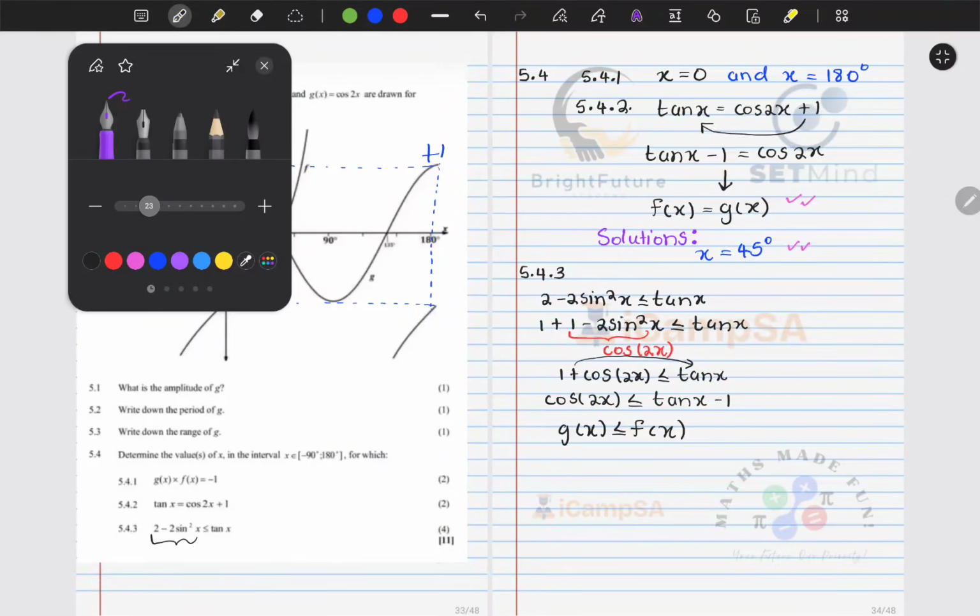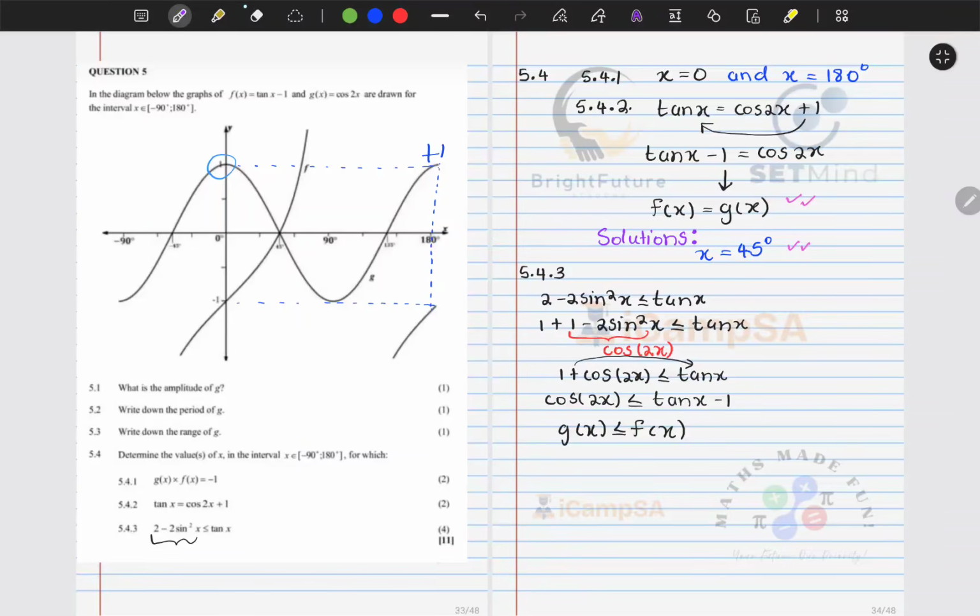Right, and if you look carefully where the tan graph is above the other one, you will see that it would be for x values just from here to there. That is the only time when this graph is above the other one.